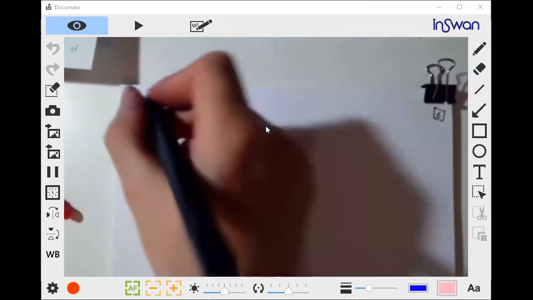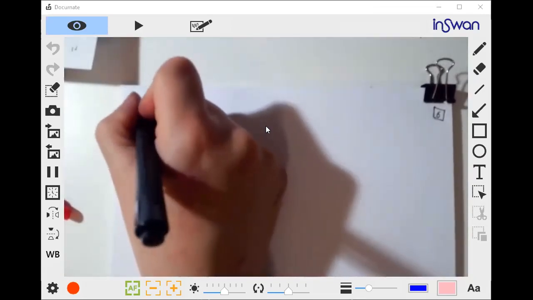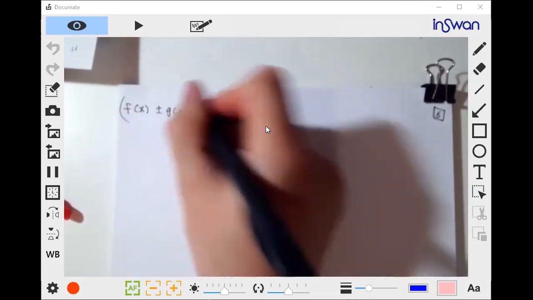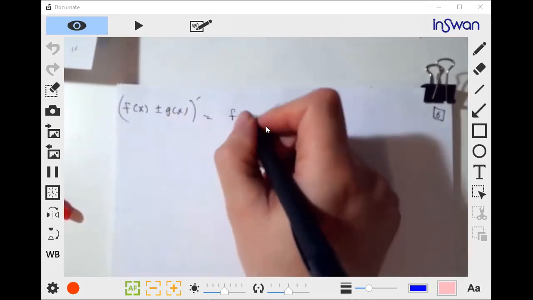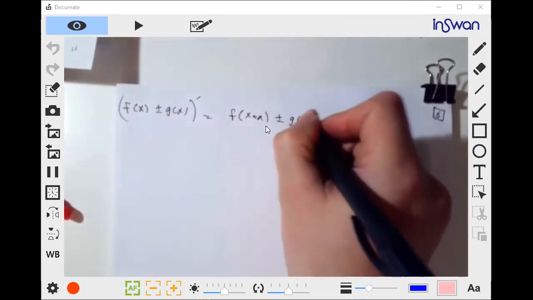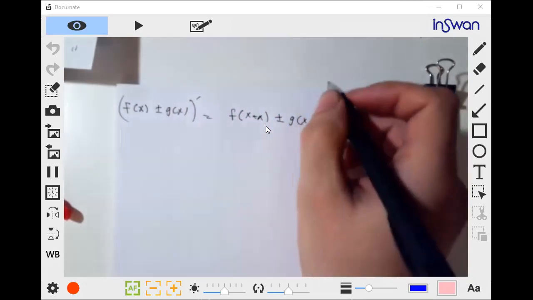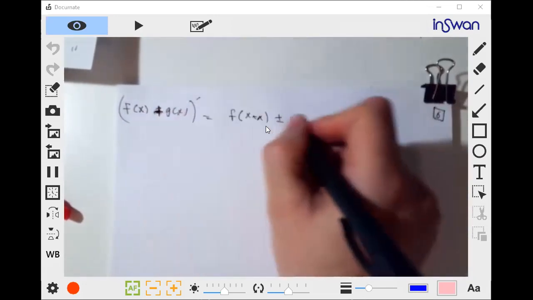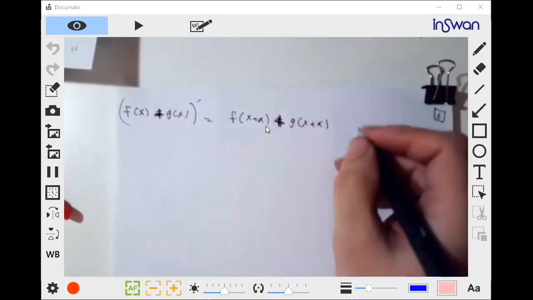But we'll just prove it real quick. F of x plus or minus g of x prime is equal to f of x plus alpha plus or minus g of x plus alpha, this whole thing minus f of x plus g of x over here, all over alpha by definition of derivative. And actually, instead of saying plus or minus, we could just do it for plus. It holds for minus as well.